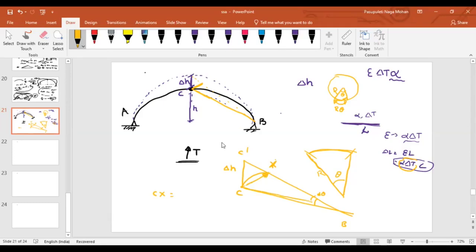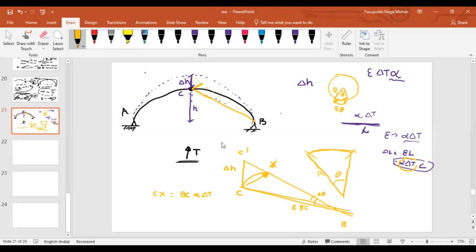It is nothing but R into delta theta. So in this case, the strain happening into BC, that's what I can write down. The CX is nothing but BC times the strain happening in the system, alpha into delta T.